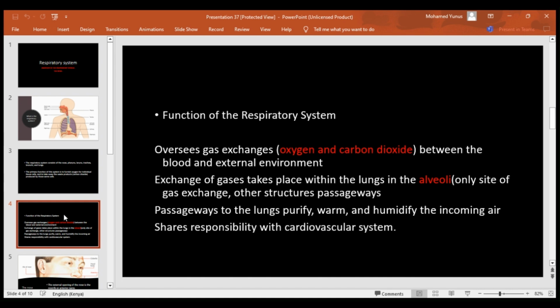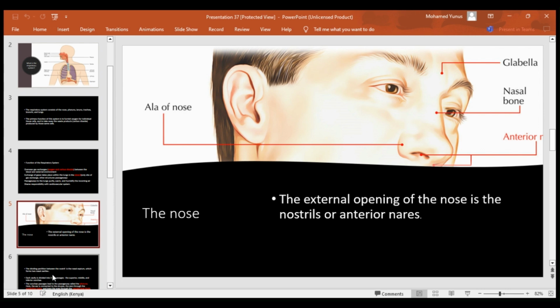Another function of the respiratory system is that it shares responsibility with the cardiovascular system. Without the respiratory system, we can't have a functional cardiovascular system. That's because we need oxygen for our cardiovascular system to be fully functional, and that oxygen comes from the respiratory system. So, as I said earlier, today we are going to focus only on the nose.